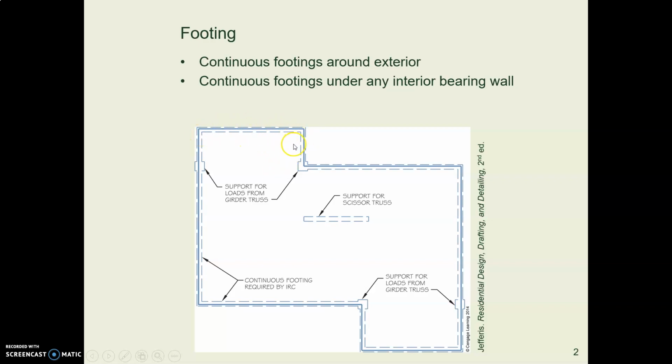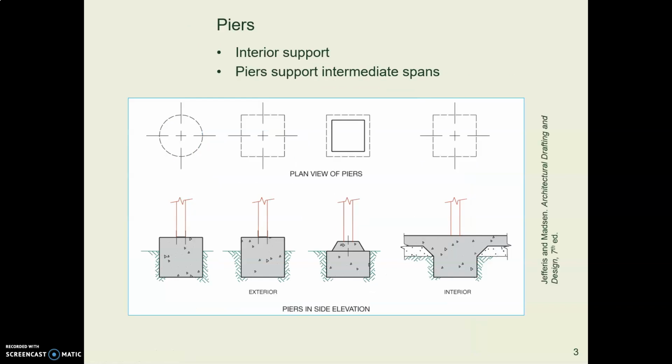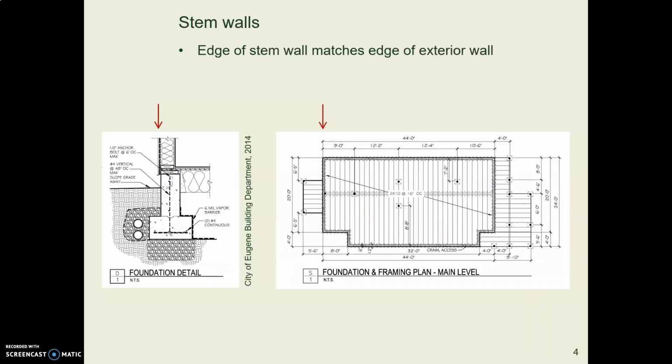And you may have some footings in the middle of the house, depending on whether or not you have a bearing wall in there. And then also in the middle of the house, you'll have piers to support various posts and intermediate spans.